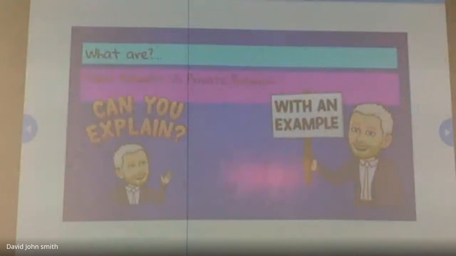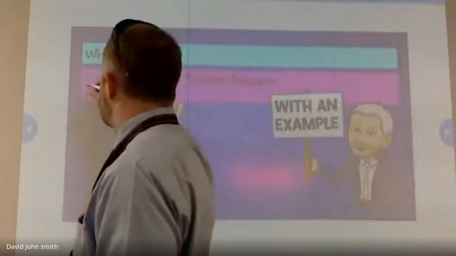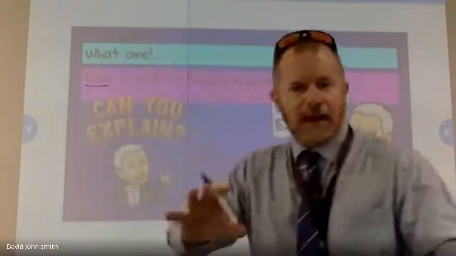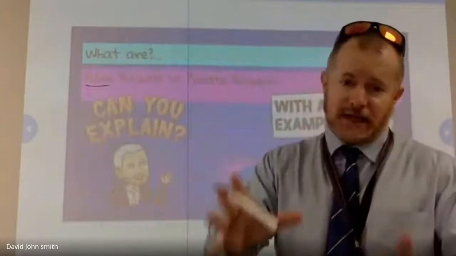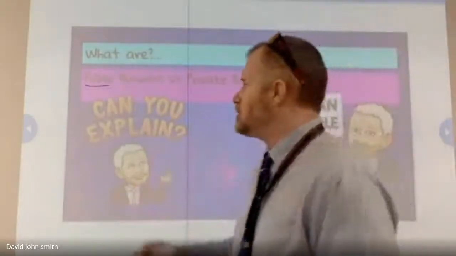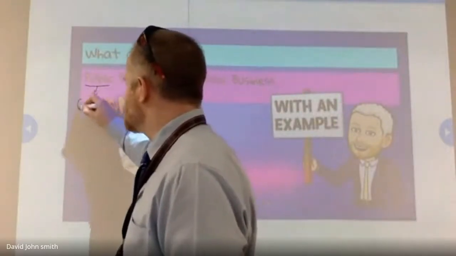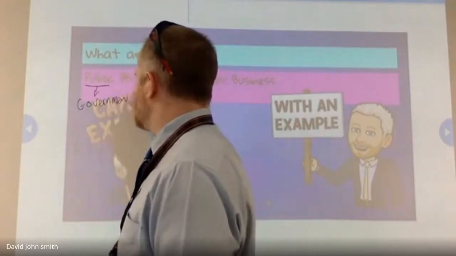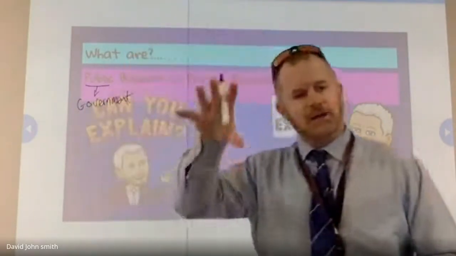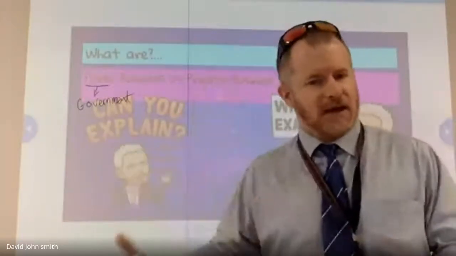Okay, let's have a wee think about public businesses versus private businesses. So the key phrase here is public, and in economics, to a large extent, not every extent, but to a large extent, when we use the phrase public, we are talking about the government. Another way to explain it, we used to use the word state to talk about the government.